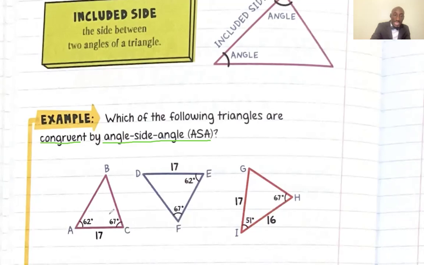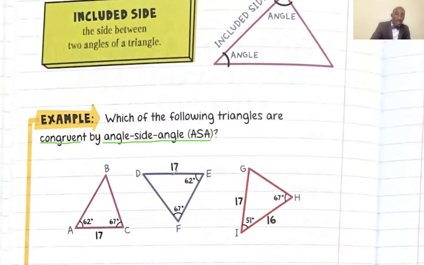AC is 17, angle C is 67. Okay, so let's keep it moving. Well, here angle E is 62, right? We have a 62 here. Angle F is 67, we have it here, but the 17 is outside of the system. So as of right now, this doesn't seem like it might be the case.